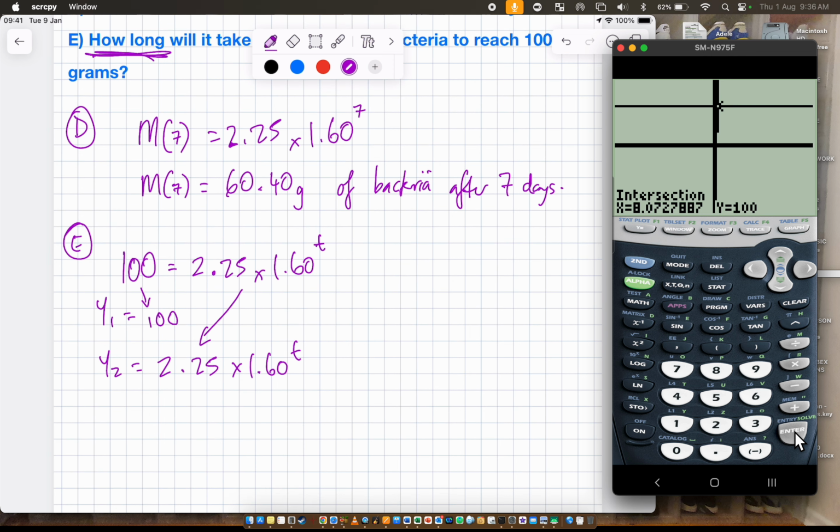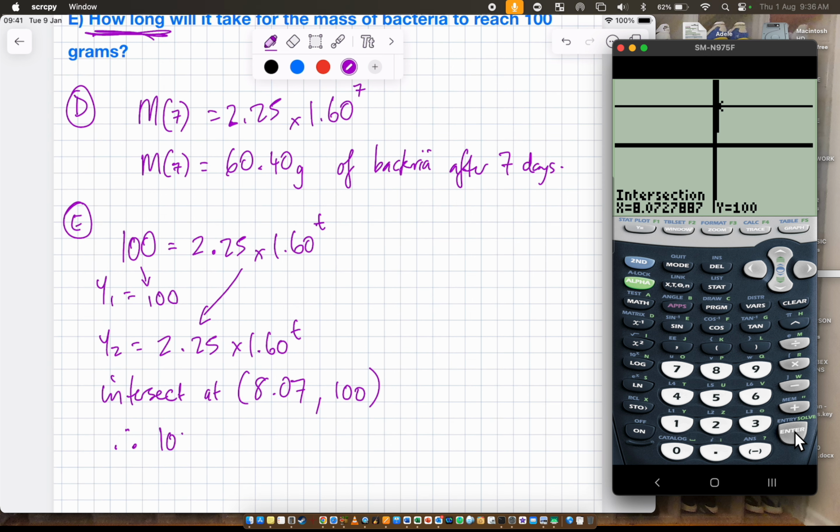So for your answers, you would write intersect at 8.07 and 100. So therefore, what is that saying? 100 grams of bacteria at how many days? How many days is that x-intersect telling you? 8.07 days.